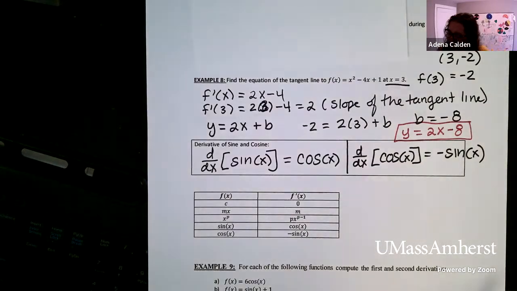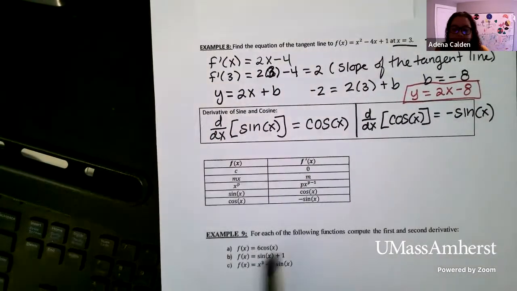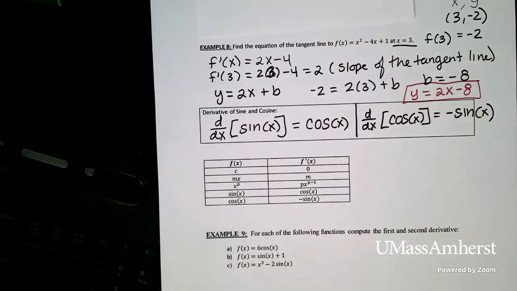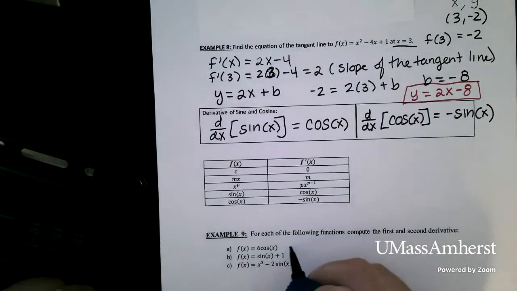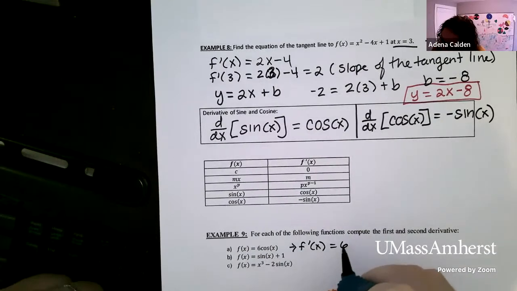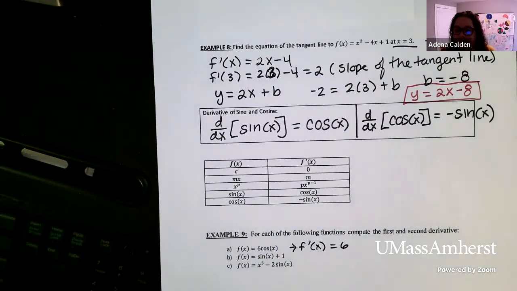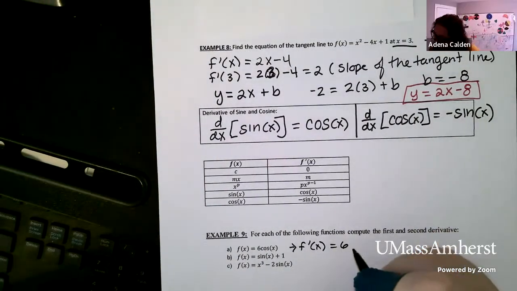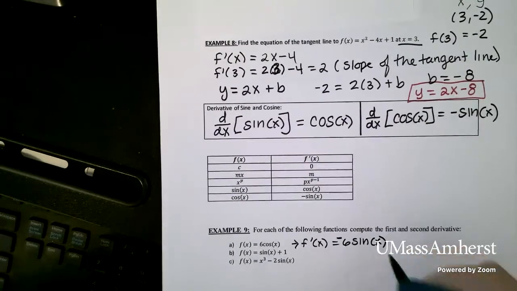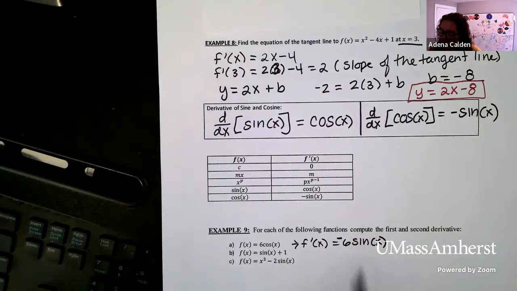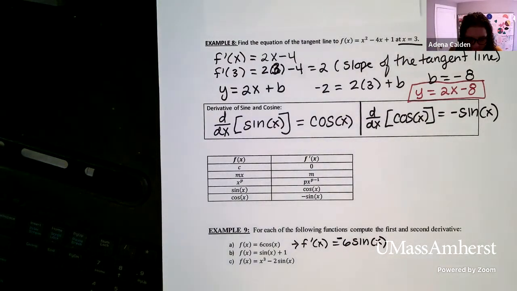So, for example, 6 cosine x, the constant multiple rule works for us here. So the derivative will be 6 times the derivative of cosine. The derivative of cosine, we said negative sine. So I'm going to pull the negative to the front, as we normally do when we write final functions, and I get negative 6 sine x.